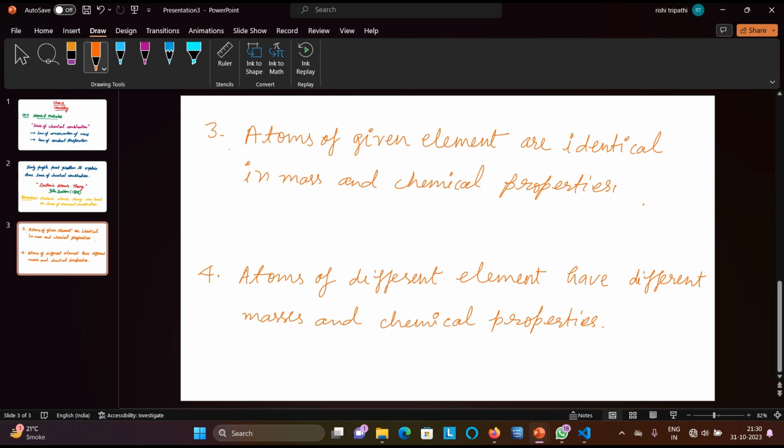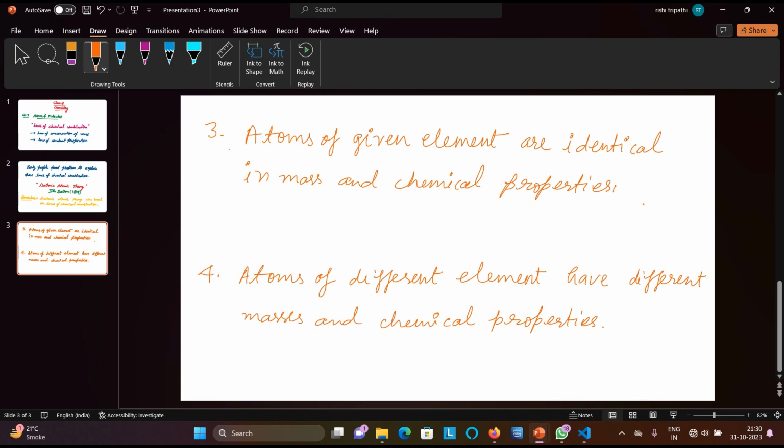So atoms of two different elements will have different mass and different chemical properties, and atoms of the same element will have identical mass and the same chemical properties. These are the third and the fourth postulates of Dalton's atomic theory.